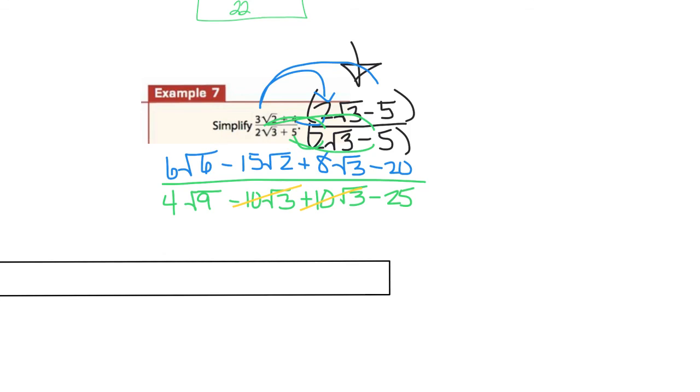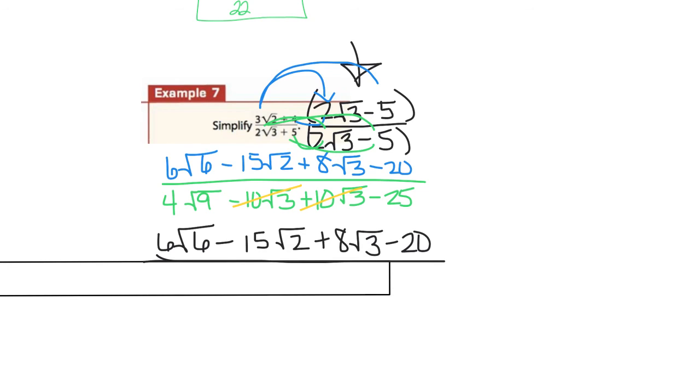So we've got 6 square roots of 6 minus 15 square roots of 2 plus 8 square roots of 3 minus 20. That does not look good, does it? But it is good. It's okay. We can leave it like that. We can't do anything different.